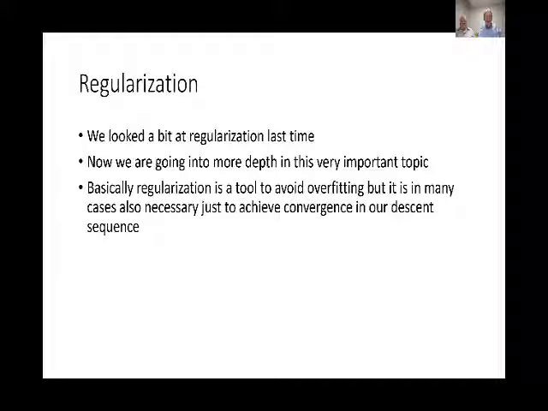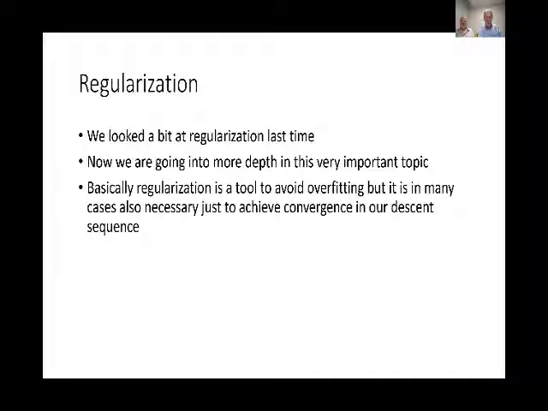But in machine learning, it's mostly a tool to avoid overfitting by putting some restrictions on the parameters that you find when you do optimization in machine learning. And it's also necessary just to get convergence in our descent sequences.